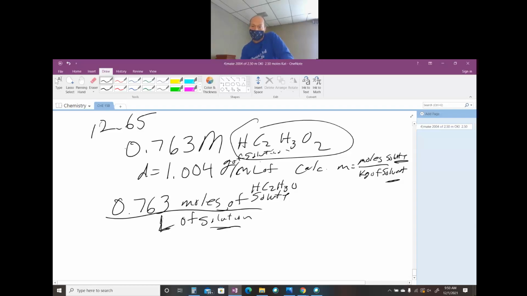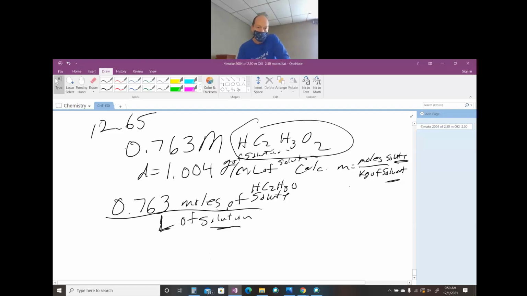Grams of solution and milliliters of solution, both solutions. All right, and so we have liters of solution. Now we can find our grams of solution.